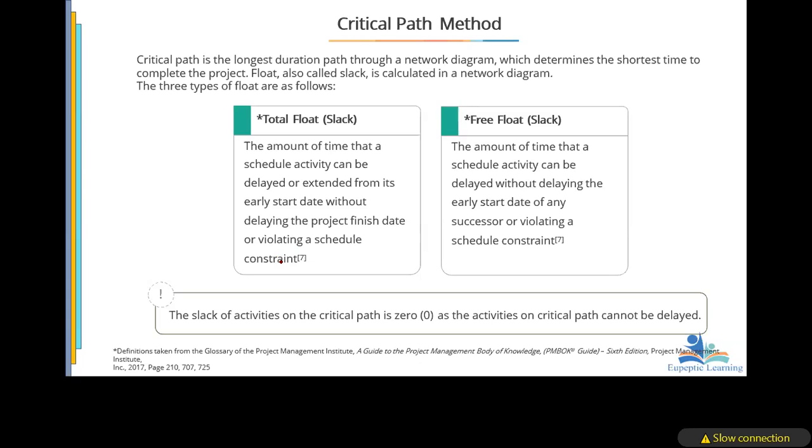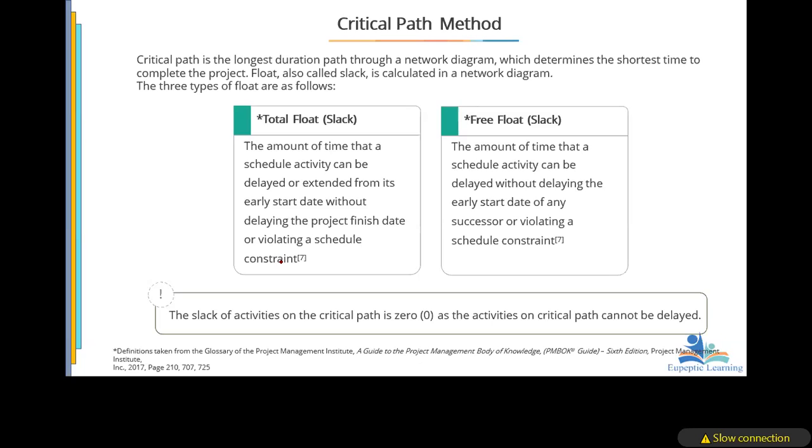If we delay a certain activity, and this delay is not going to have an impact on the finish date of the project, then we are saying that this activity has a float, or a slack, or a total float. But there's one also called the free float.